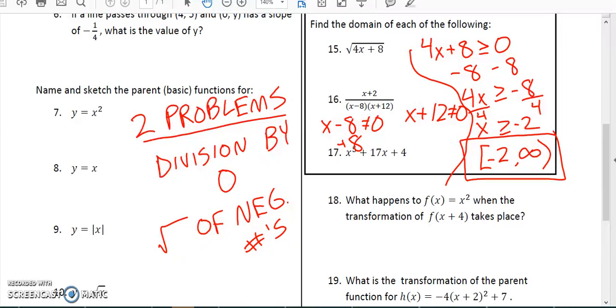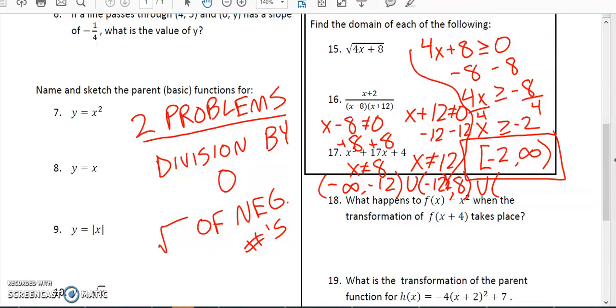If I add 8 to both sides, I get x cannot be 8. If I subtract 12, I get x cannot be negative 12. If I have to make that into an interval, this would be negative infinity to negative 12, union negative 12 to 8, union 8 to infinity, like so.